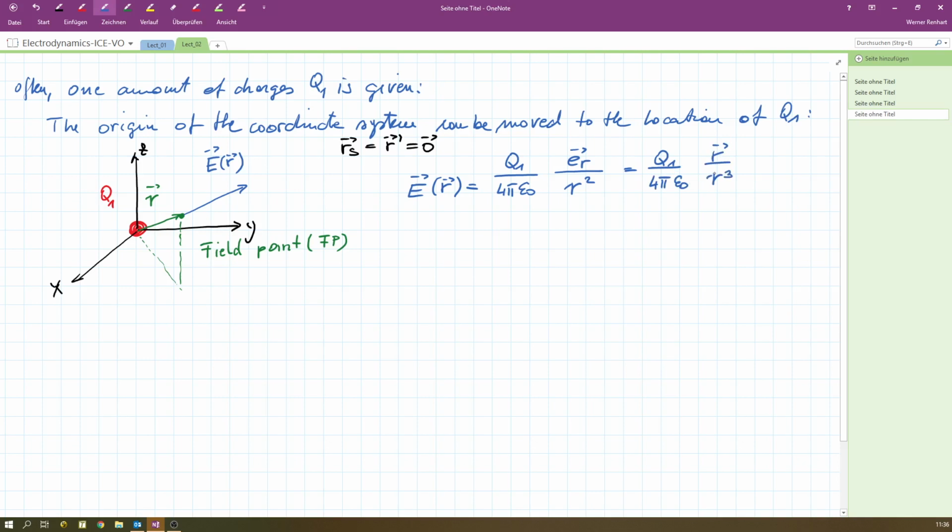Now, it's quite simple, because it is like a spherical coordinate system.